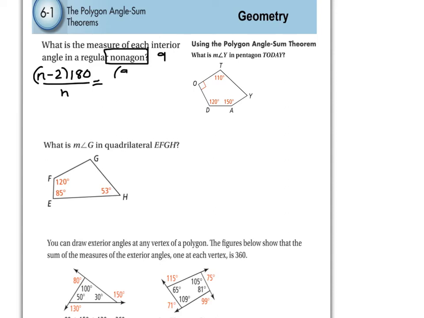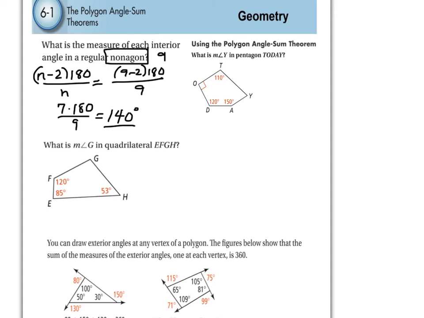So we take 9 minus 2 times 180 divided by 9. 9 minus 2 is 7 times 180 divided by 9. In this case, when I multiply 7 times 180 and I divide it by 9, you get 140. That means that each angle in this case is 140 degrees on a regular 9-sided figure. Okay?